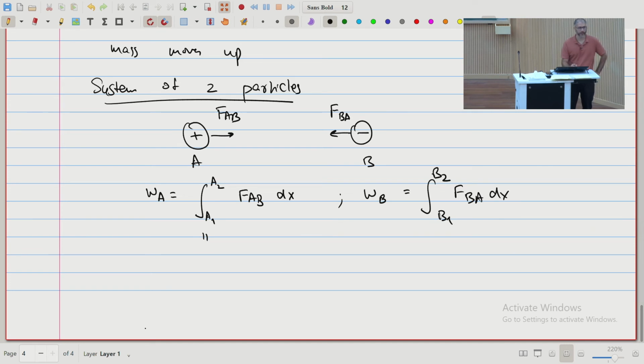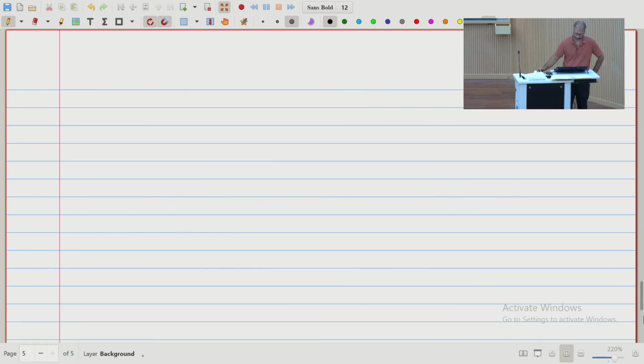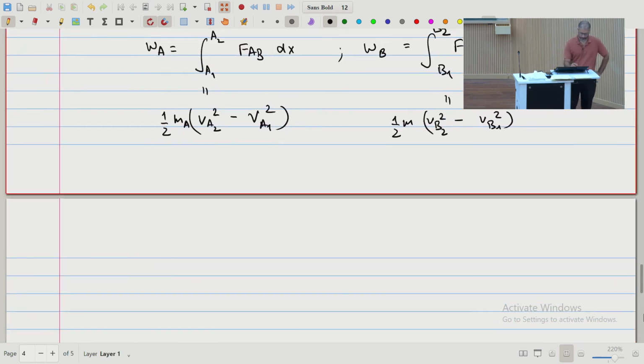From the work energy theorem applied to each particle separately, I can write this as the change in the kinetic energy of particle A. And this is for particle B. I can add these.